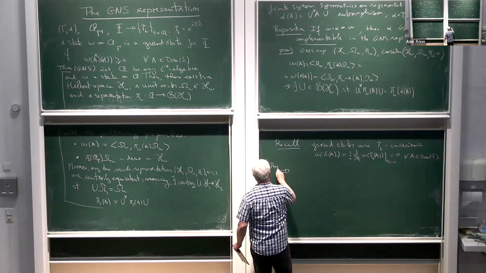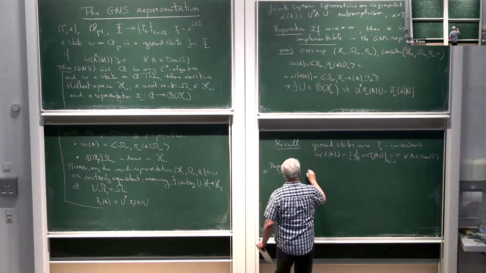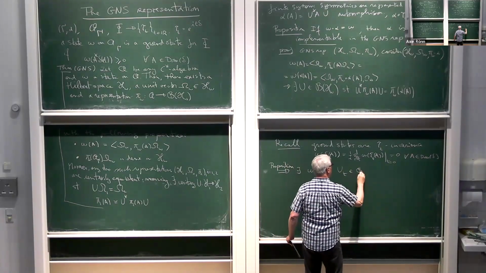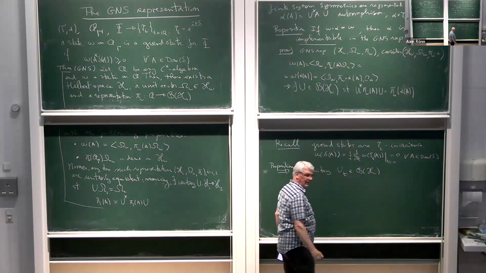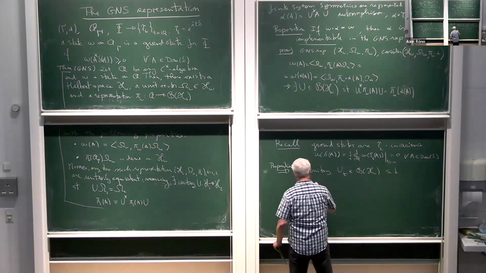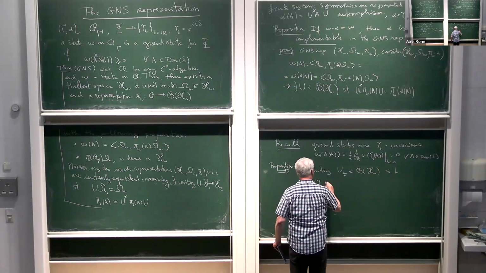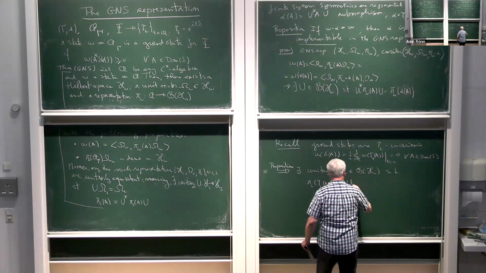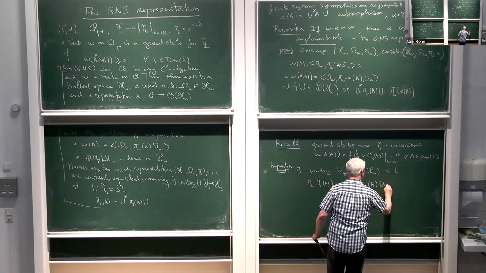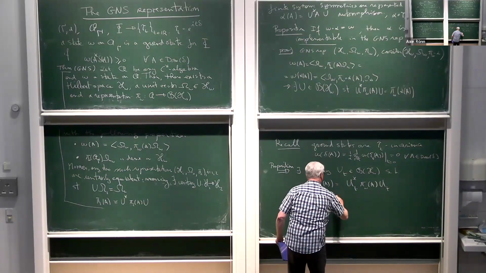Then in the GNS space there is a unitary that implements the time evolution, so that pi omega of tau t of A is in fact U t star pi omega of A U t, with U t omega equal to omega.